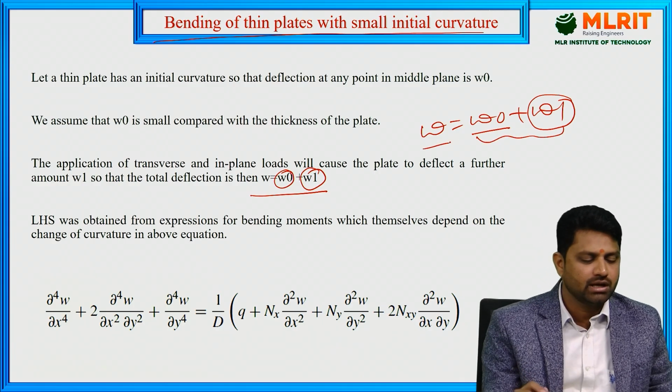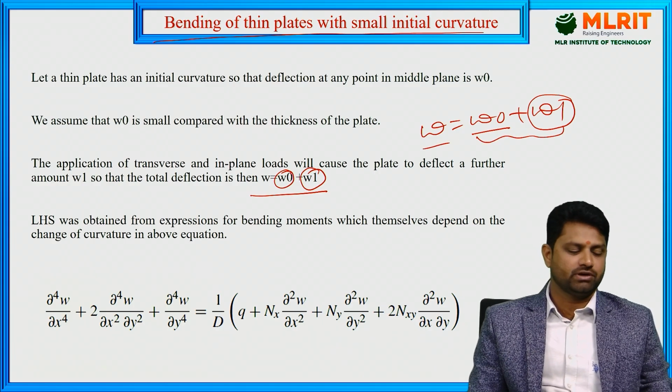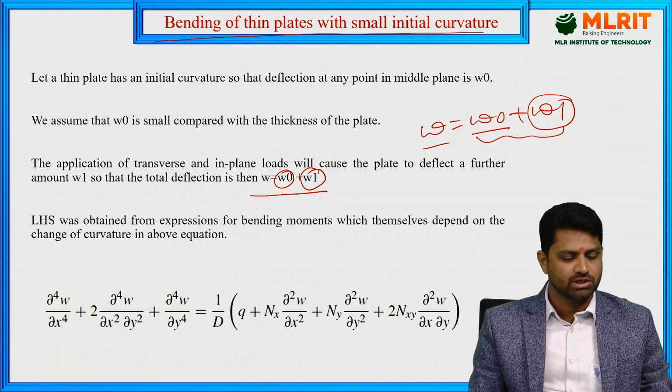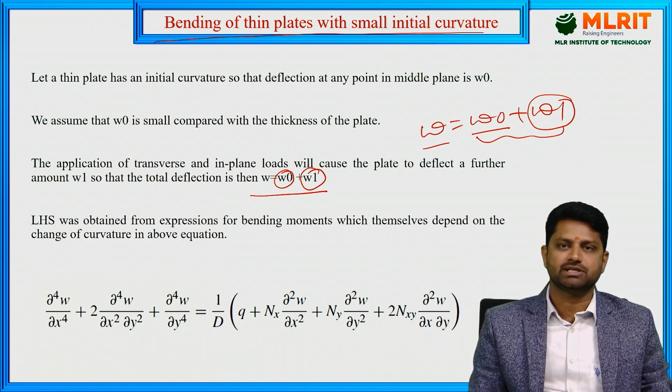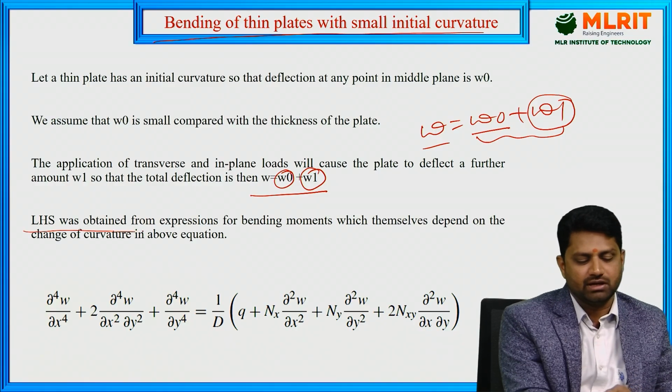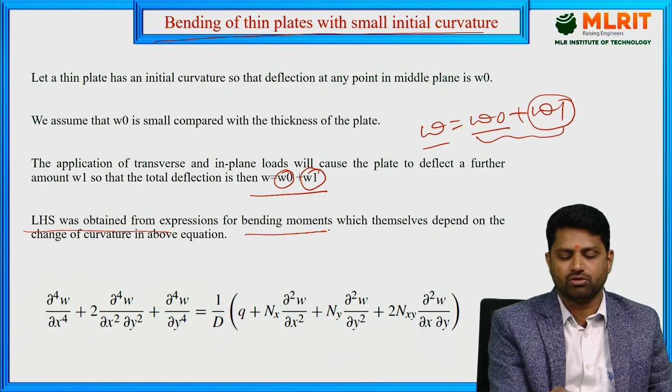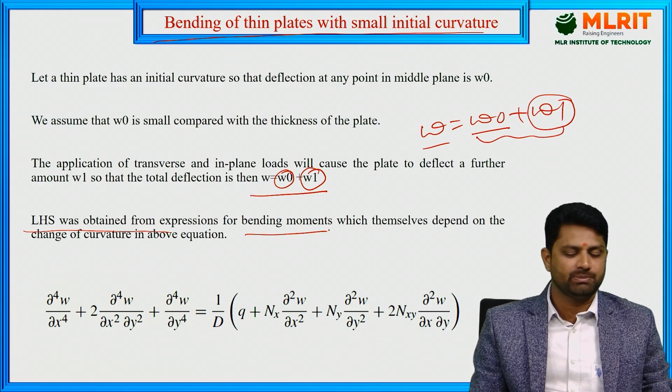So what is the equation that will change when the initial curvature is present? The left hand side of the equation, which is clearly for bending moments, depends on the curvature.